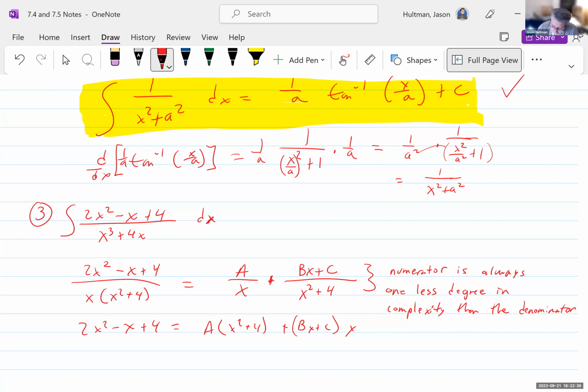I don't have linear factors. I can only do the Heaviside technique of letting x be something fun, trying to solve for another variable. So what I'm going to do is expand this, multiply this out, and try to compare term by term. So this is ax squared plus 4a plus bx squared plus cx, after I distribute.